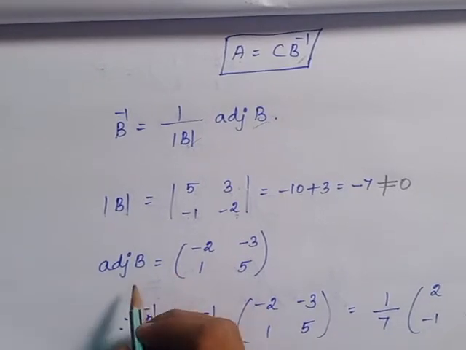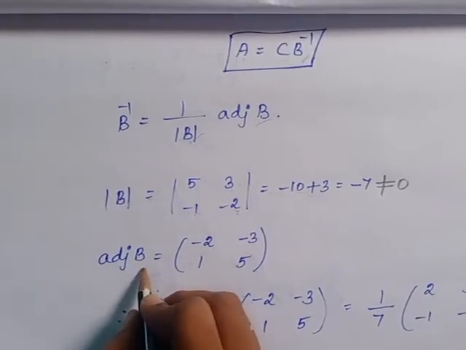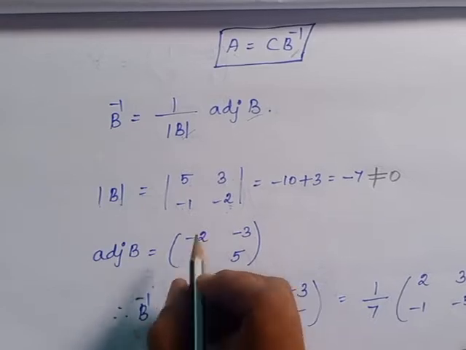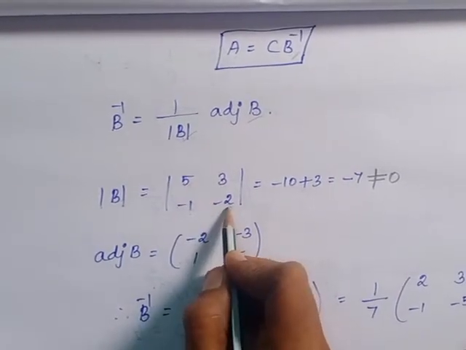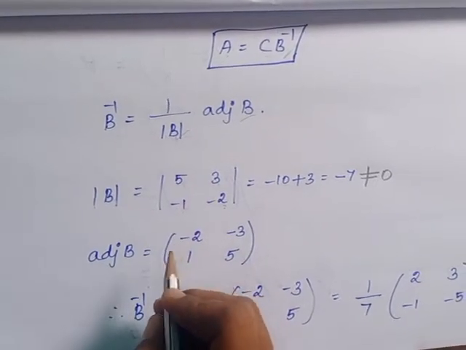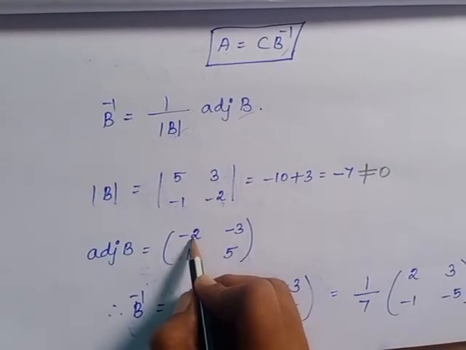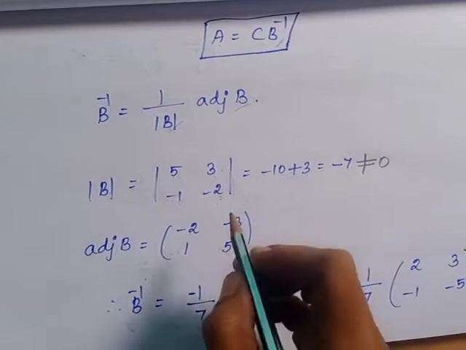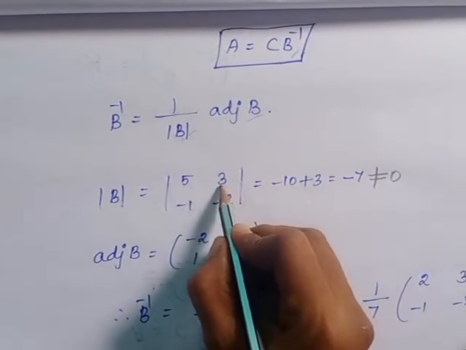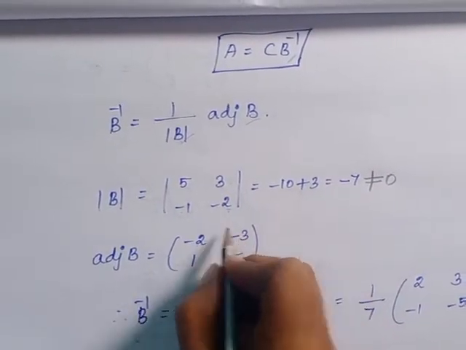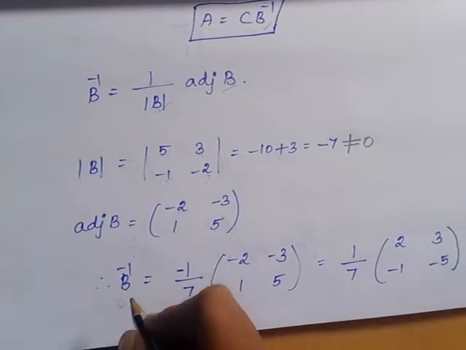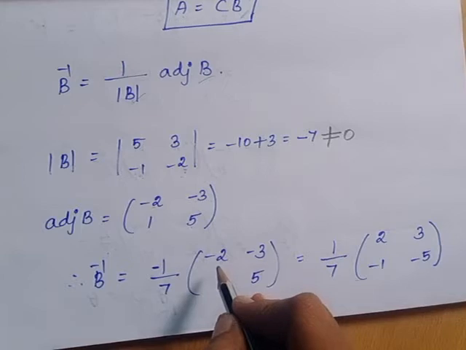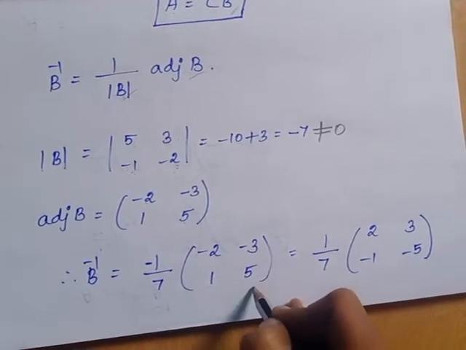Next we have to find the adjoint of B. For the adjoint of B, you interchange the main diagonal elements. So 5 and minus 2 interchange their places, so here it will be minus 2, 5. Next you have to change the sign only of the other elements, so 3 is written as minus 3 and minus 1 is written as 1. Therefore B inverse is equal to minus 1 by 7 into [minus 2, minus 3; 1, 5].